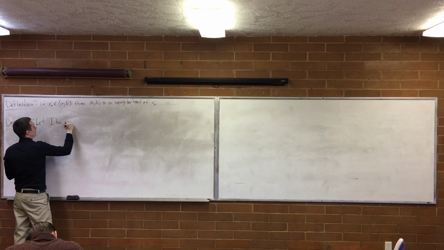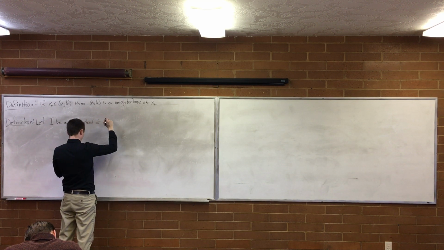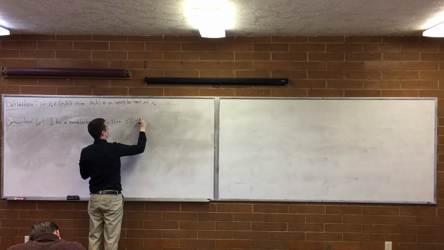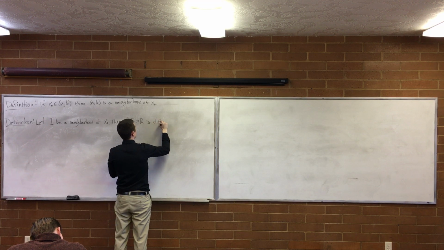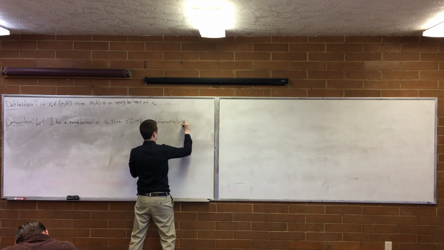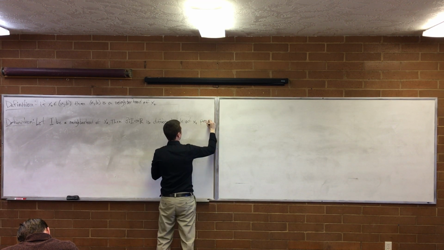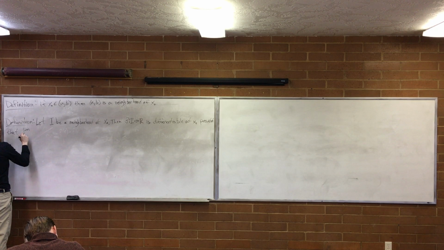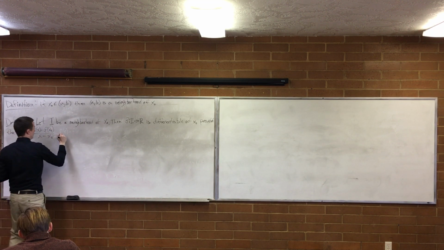Let I be a neighborhood of x naught, then f from I to R is differentiable at x naught provided that the limit as x goes to x naught of f of x minus f of x naught over x minus x naught exists.